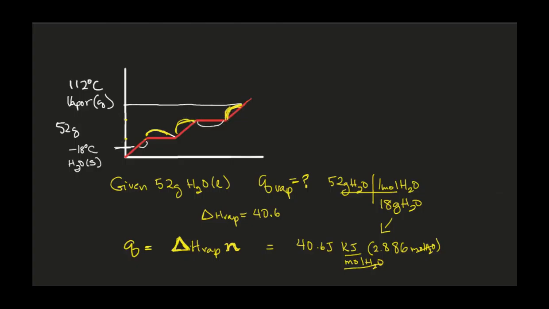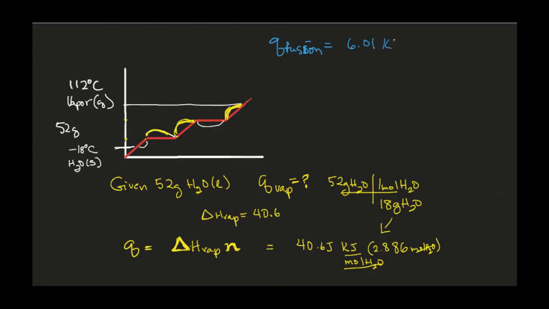So at this point, we just multiply that times the moles. So how many moles do you remember? It was 2.886. Good.